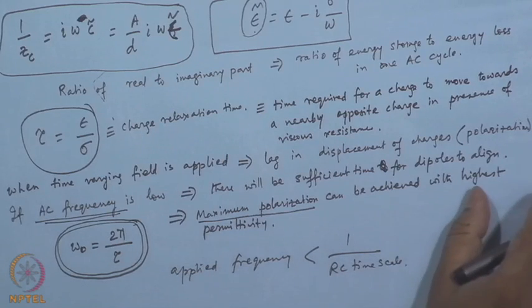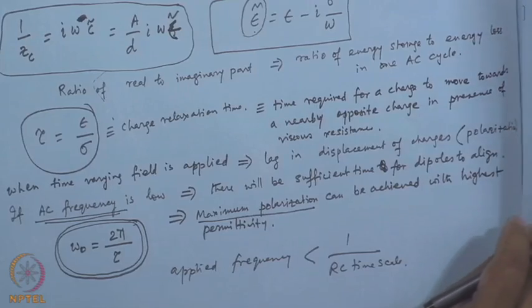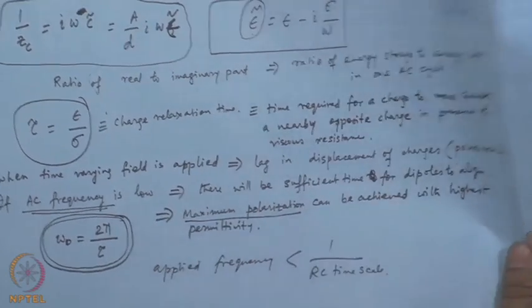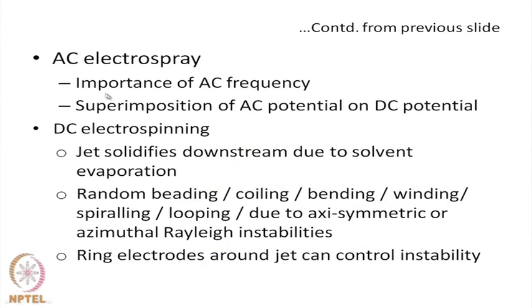Now, there is another aspect which could be looked into here. That is the superposition of AC potential on DC potential. It is not that one has to operate with DC alone or AC alone.